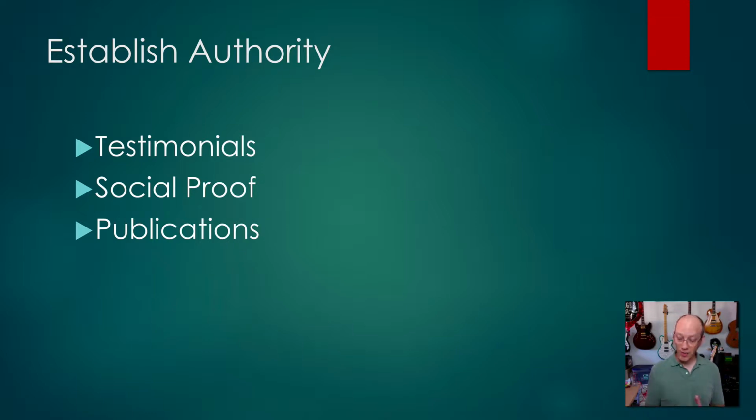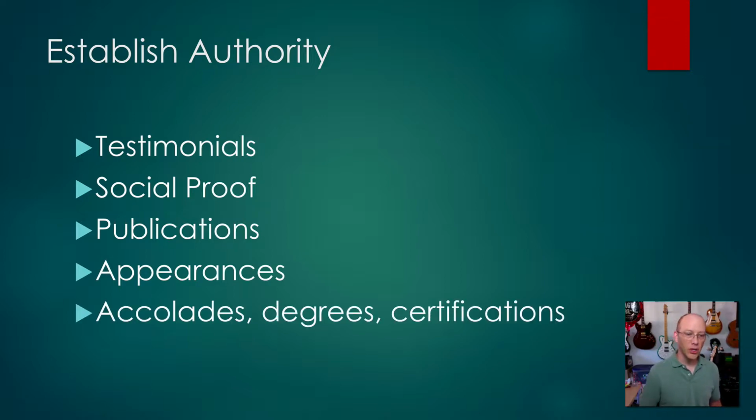If there's any kind of publication, either that you've been published in or that you have published. So for example, if you've written a book or if you've been written up in an article, any kind of publication that's out there that either features you or is written by you is something that helps establish your authority. Any appearances, any places that you've spoken or performed, or again, maybe you've been interviewed or you've been written up in a paper, any place that you've appeared publicly, you want to highlight that on your website to help establish your authority.